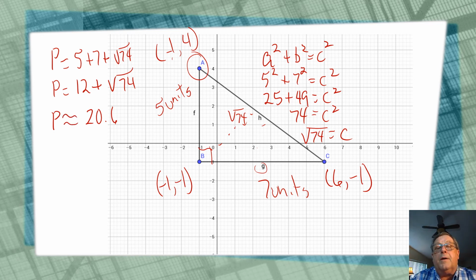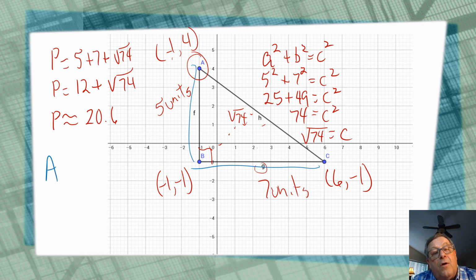All right, what about the area? The area is 1/2 the base times the height. Looking at this, my height, right here, is 5 units, and my base down here is 7.